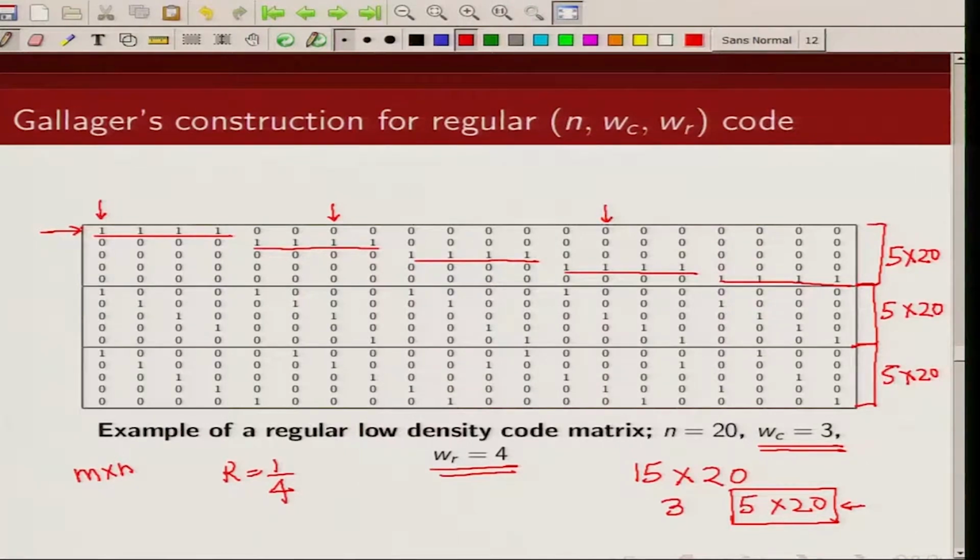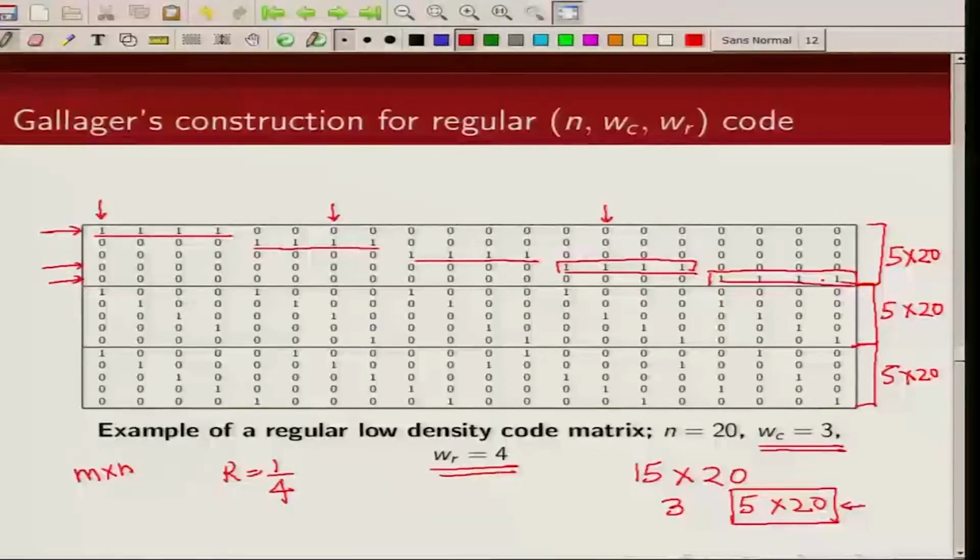You can check, each row has 4 ones. So what you have created is a sub matrix which has column weight 1 and row weight WR.